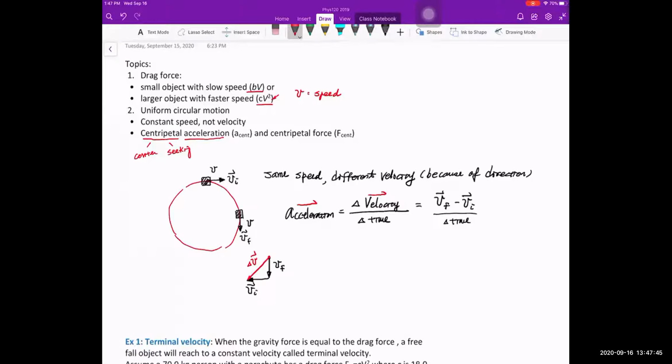You're not responsible to derive the equation, so I'm just going to give you the equation, and you have the formula sheet, where I put this equation already.